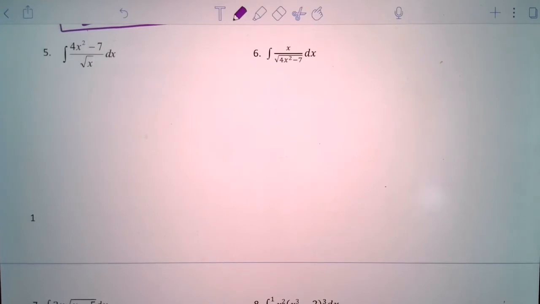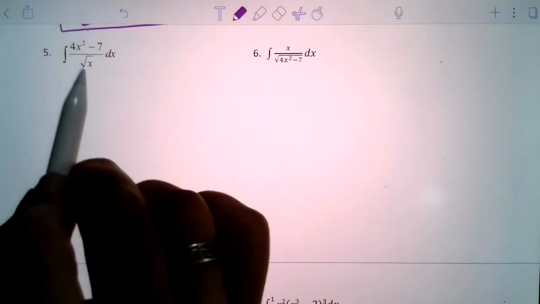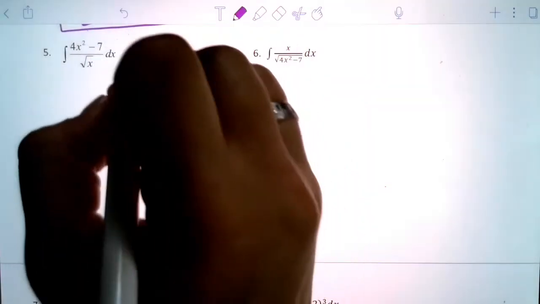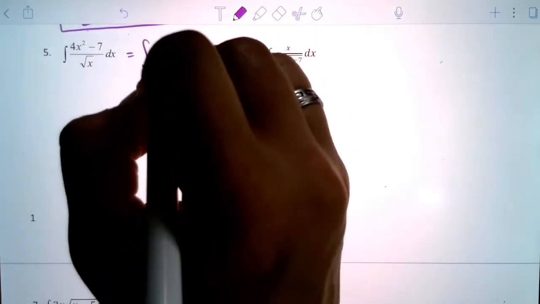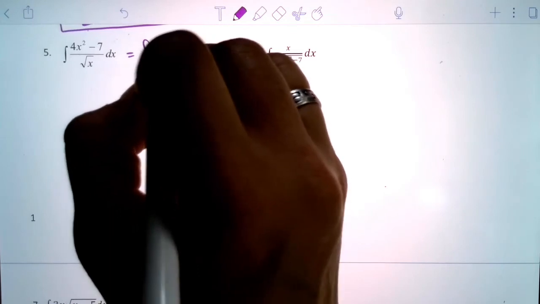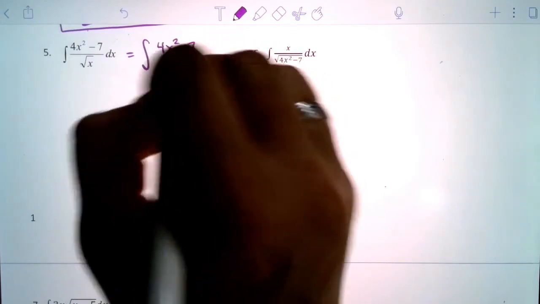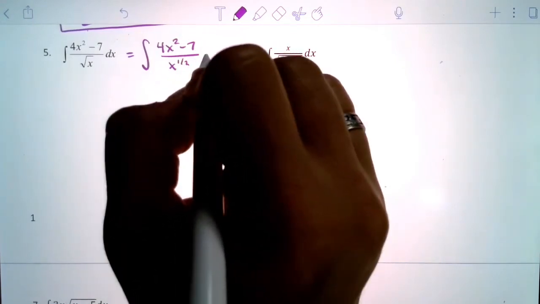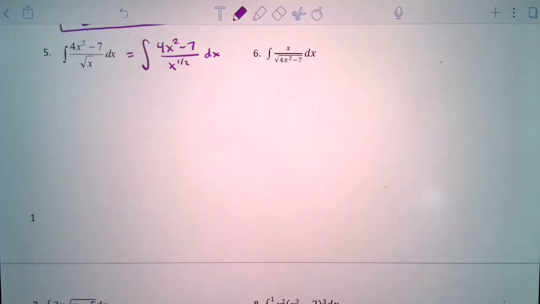This is something where I don't want to bring U substitution in unless I exhaust all other options. And for this one, I'm going to bring that square root of x up. So I'm going to make that a 1/2 power, and maybe I'll write it like that. I'm just switching the square root for a 1/2 power.